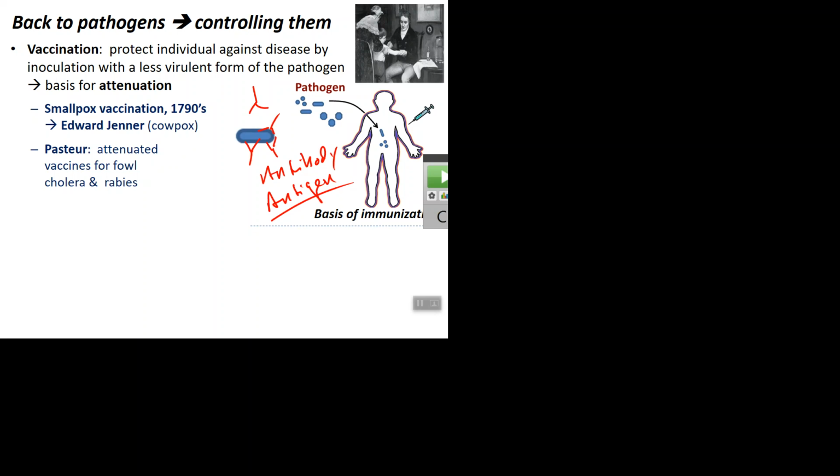And that's what attenuated vaccines are, those that are like that. They inactivate the agent, but are enough to induce an immune response. And that's your immune system that reacts to it and produces antibodies. Okay? And that's what vaccination is all about. Okay? And Jenner and others developed these things.